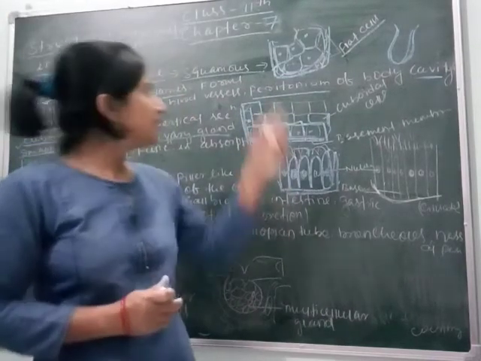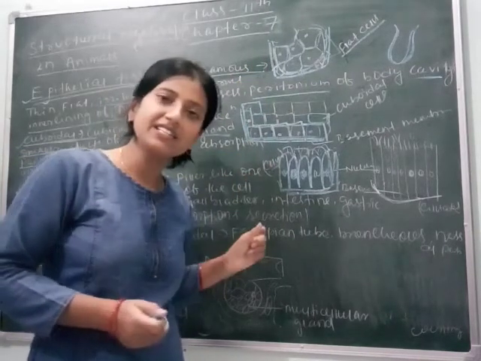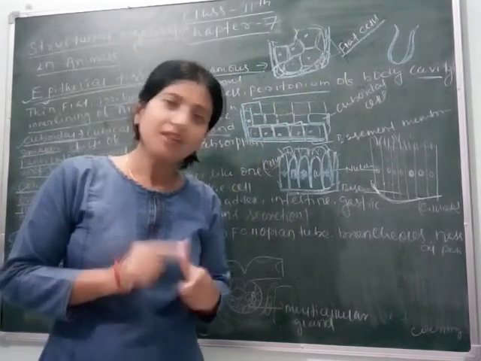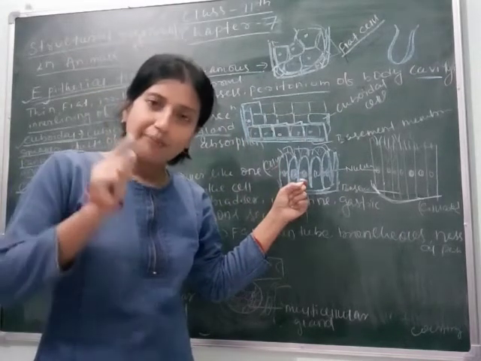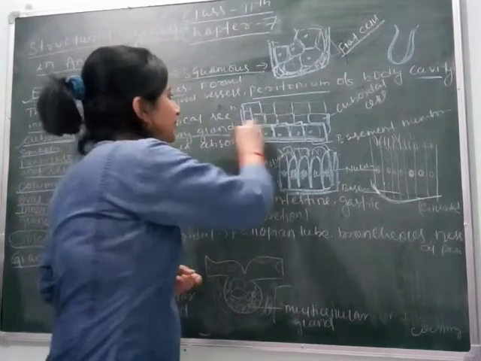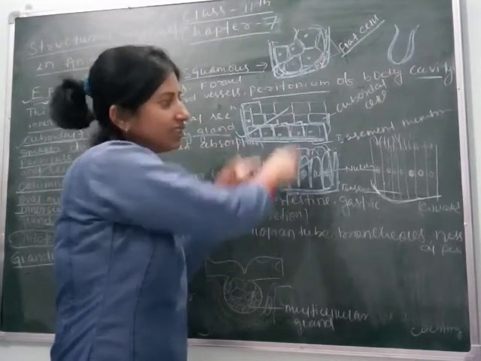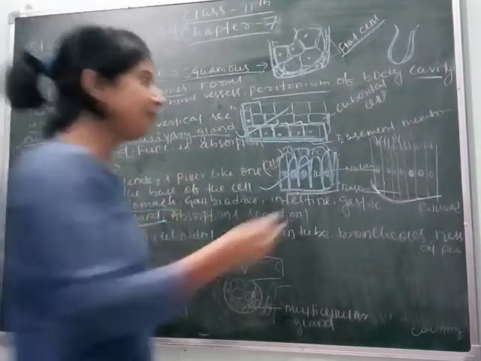Squamous, we have studied squamous, cuboidal, columnar. Here is ciliated. Students, remember, when cuboidal and columnar tissues bear cilia, they form ciliated epithelium.